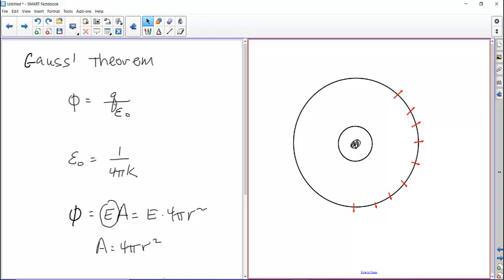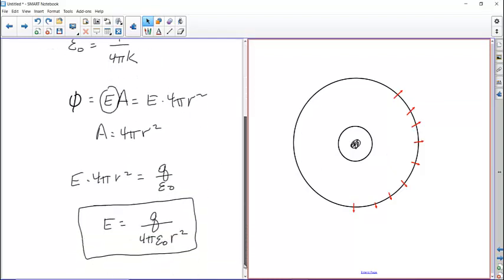So Q stays constant. And the area outside of this charge is not a real area, it's just an area in space that we're using mathematically. You can see that nothing changes.